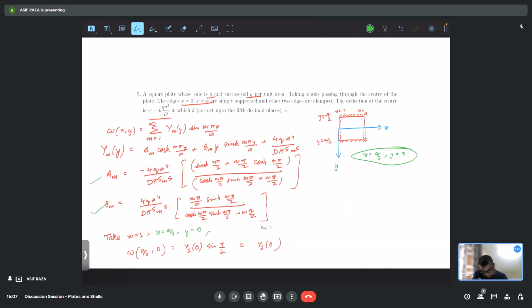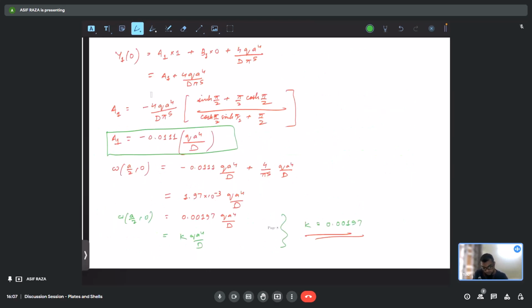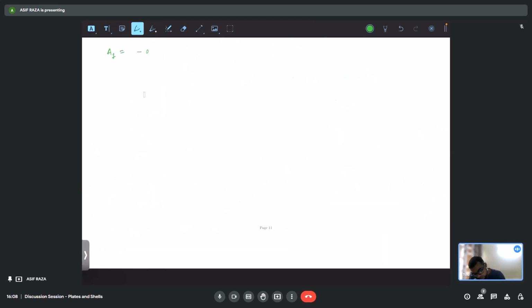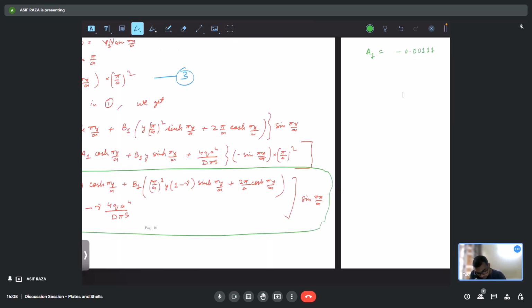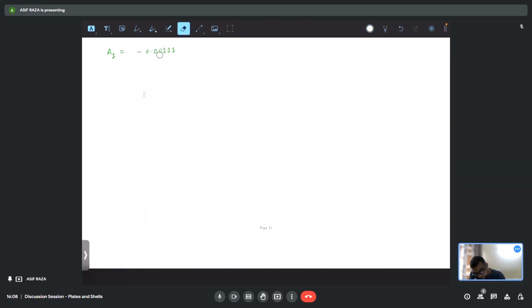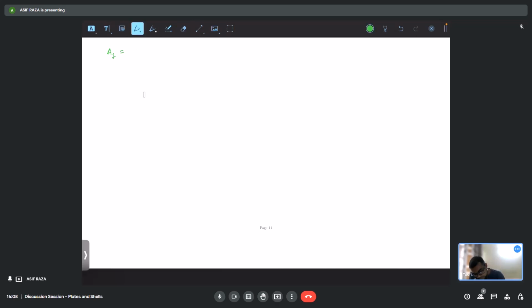So with this we got a1 equal to minus 0.00111, let me check. Okay, this is 0.0011 q a⁴/D.